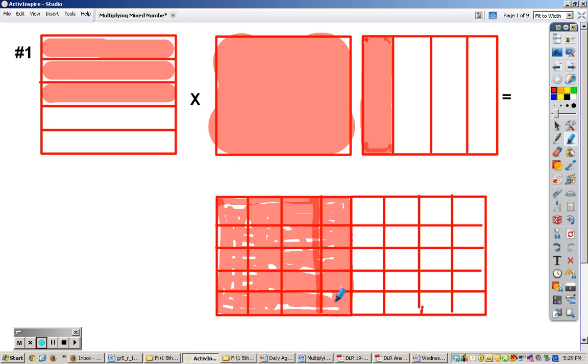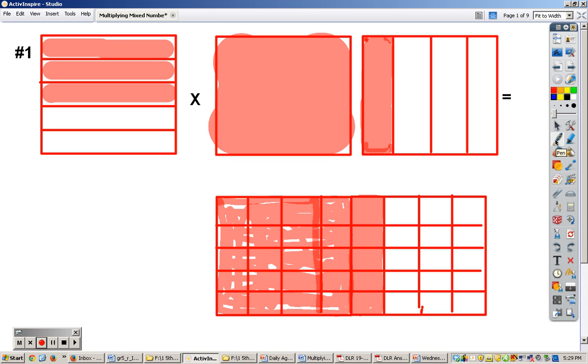Okay, so whole number. Now we have 1/4 here, so I'm going to go ahead and shade in this 1/4 to accommodate this. Now, we're trying to figure out 3/5 of 1 1/4.